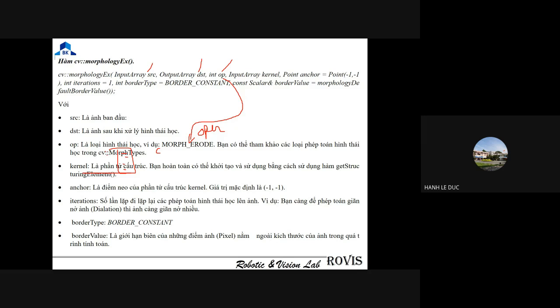This one is what you want to choose, and this is the kernel you have to define. This is the anchor point, and this is the iterations. Give it the default, just 1. And then this is the border type. You have to look at the parameters here and study by yourself what they mean: border constant, maybe padding with 0, or duplicating the border, or something like that.